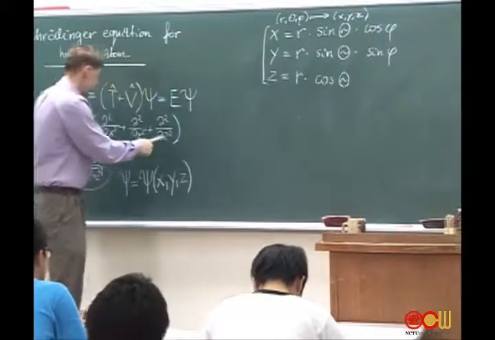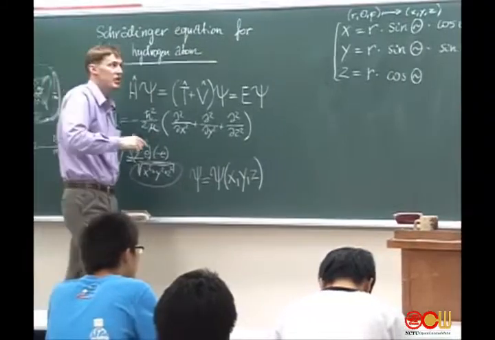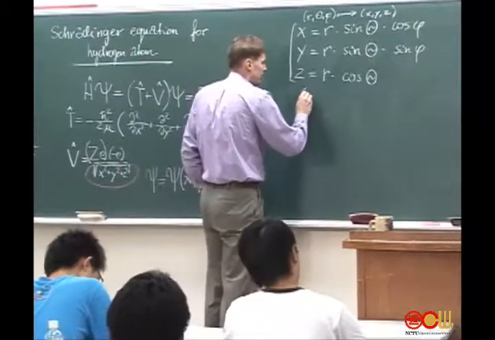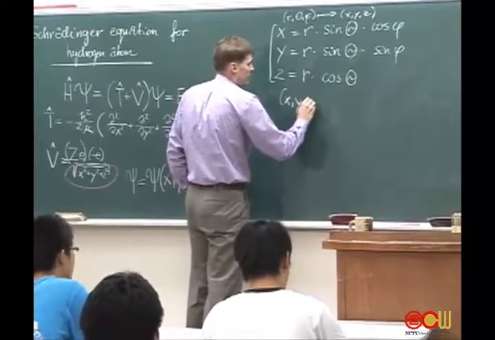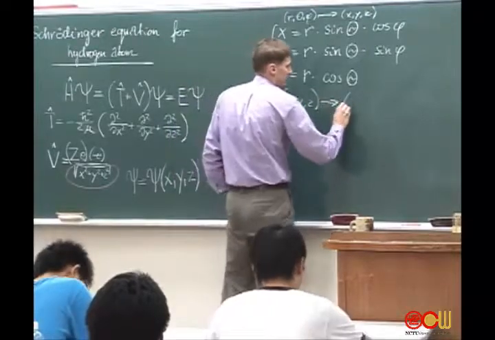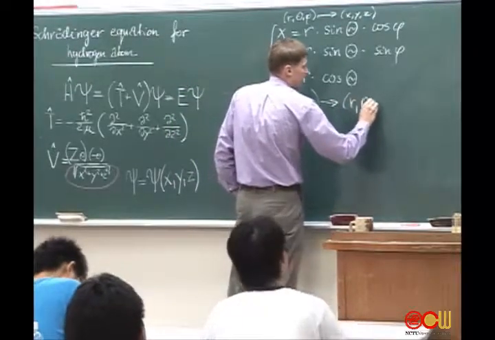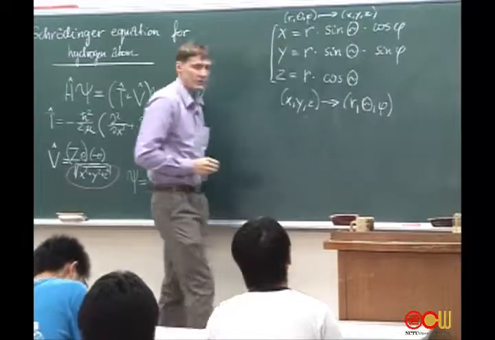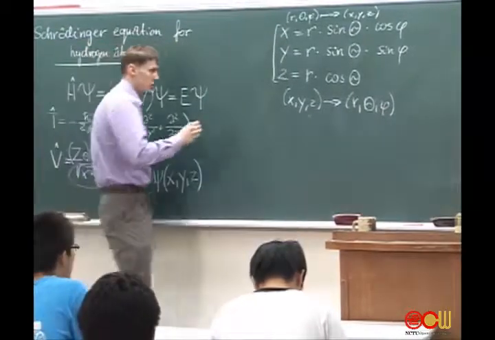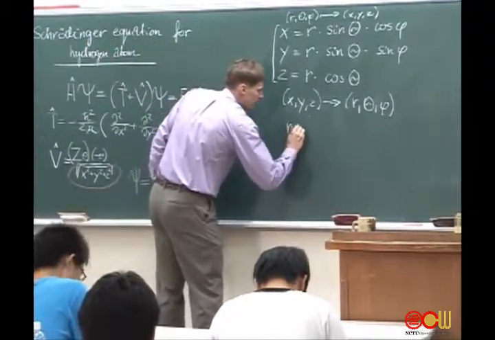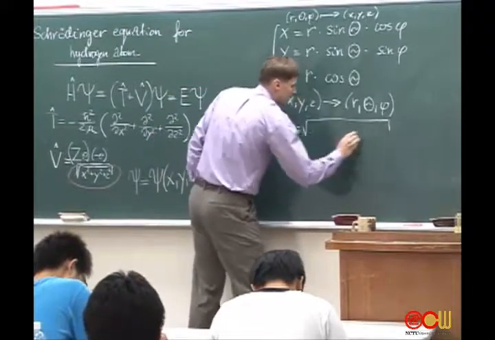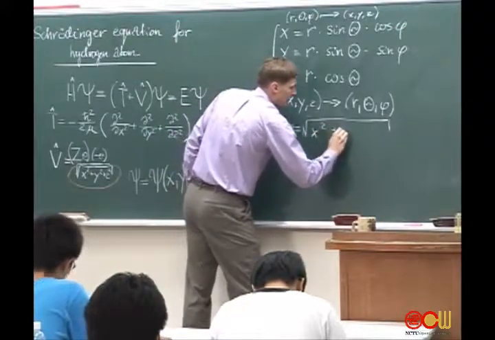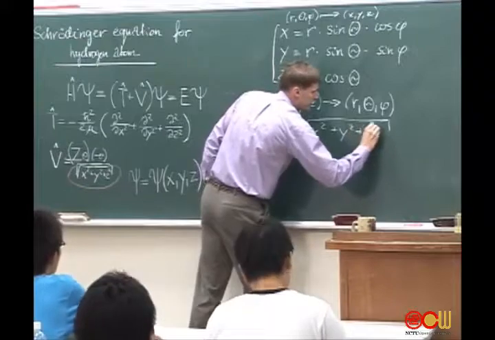But looking at the equations here, we rather need the opposite transformation. We need the transformation from x, y, and z into r, theta, and phi. This is not difficult either. You can do a very fast evaluation, saying that r is nothing else than the square root of x squared plus y squared plus z squared.